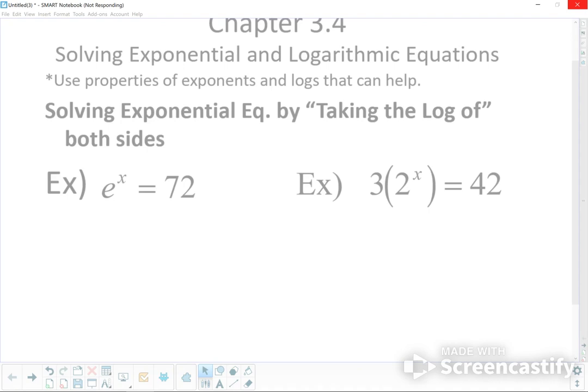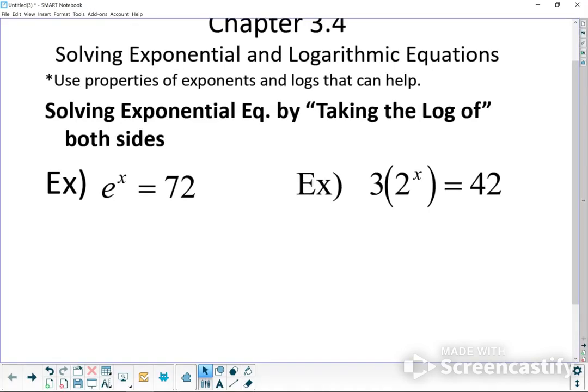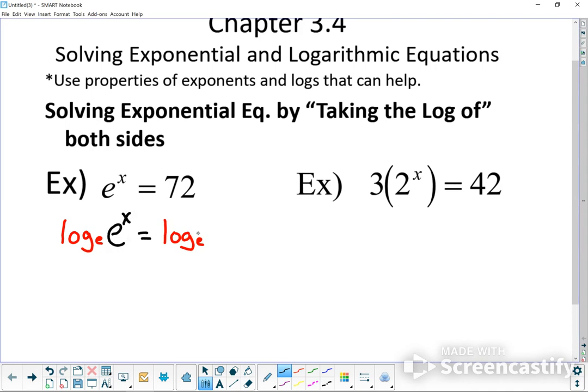So if we want to get rid of this base e, we go ahead and do log base e on both sides. Notice that this log base e has a little e. It still has an e to the x, that's part of the equation, and it still has a 72, but I'm doing log base e on both sides.